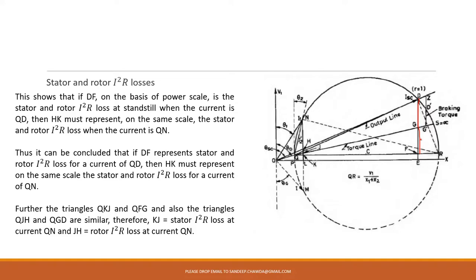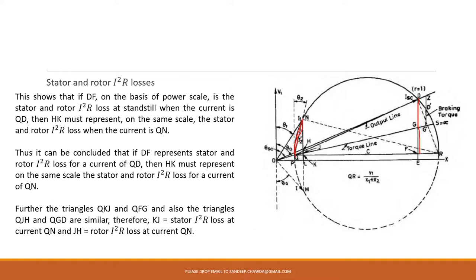So what we can say? We can say that this HK is going to give you stator and rotor I square R loss when the current is QN, this current. In this case, the current will be this one, QN.